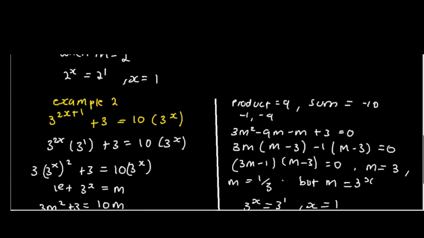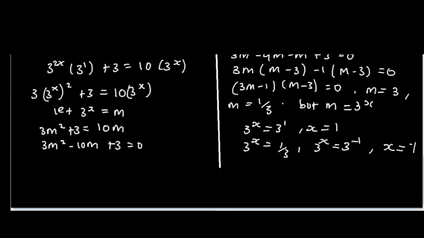And then we can have a look at a few trial questions. So we can have here a question for trial, and you can try out 2 to power x plus 1 plus 3 over 2, this being equal to 2 to the power of 2x, because 3x may give a complicated equation.